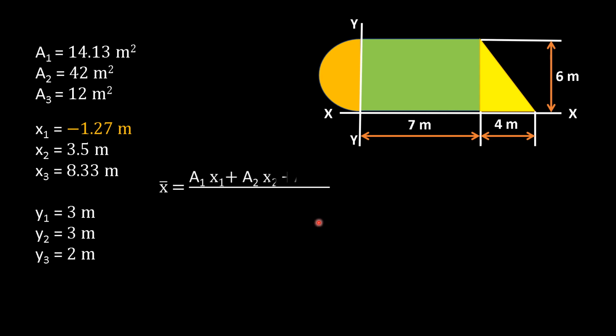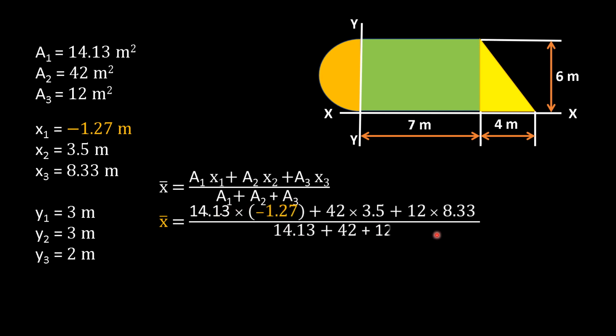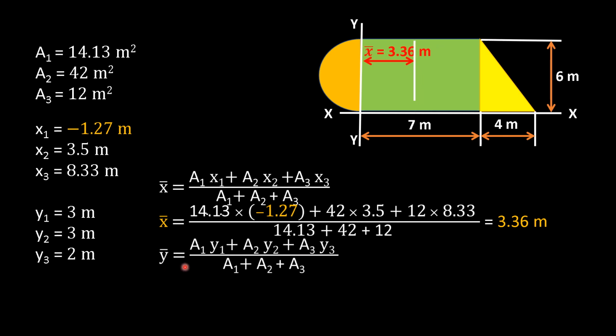We have x bar equals a1x1 plus a2x2 plus a3x3 divided by a1 plus a2 plus a3. Substituting the values and evaluating, we get x bar equals 3.36 meter, which we show like this. Y bar equals a1y1 plus a2y2 plus a3y3 divided by a1 plus a2 plus a3.